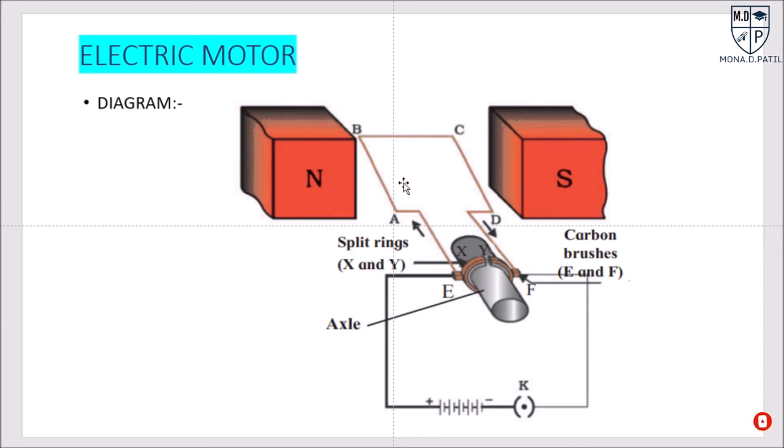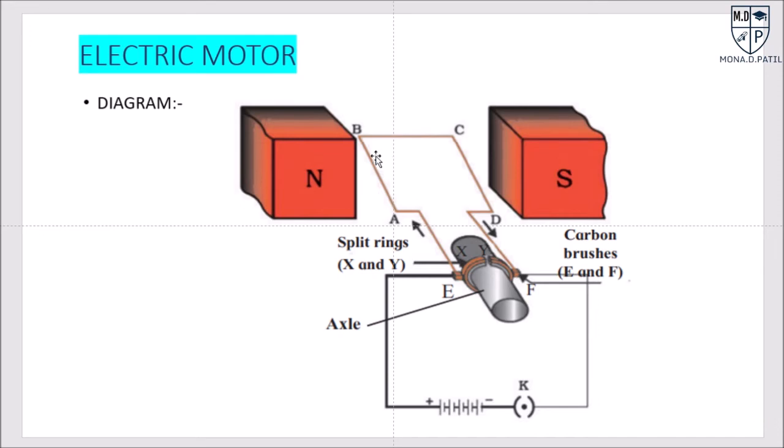Therefore, a force is exerted on the branch DC in the downward direction, and on the branch BA in the upward direction, and the loop continues to rotate in the anti-clockwise direction. Thus, the current in the loop is reversed after each half rotation, and the loop and the axle continue to rotate in the anti-clockwise direction. Commercial motors run on the same principle, but practical changes are made in their construction.